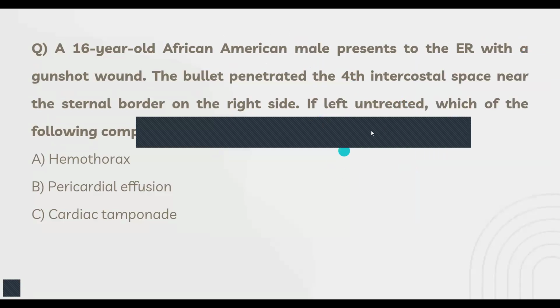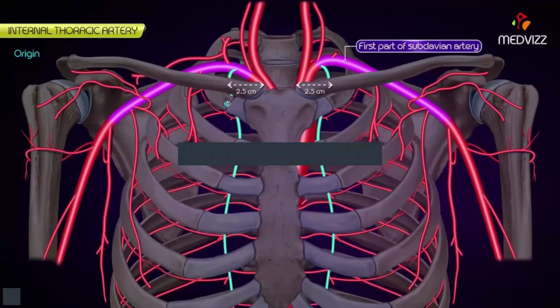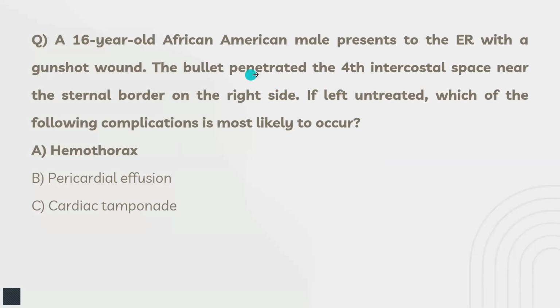The answer is A. Okay. So the bullet penetrated the fourth intercostal space near the sternal border on the right side.